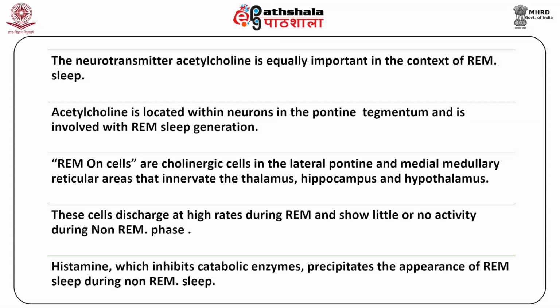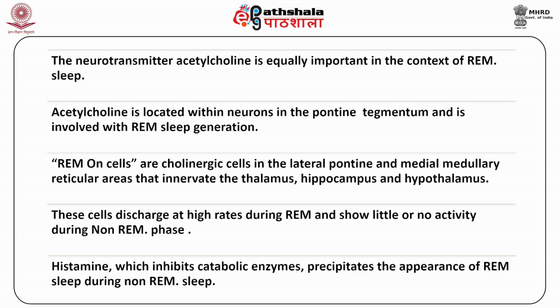REM-on cells are cholinergic cells in the lateral pontine and medial medullary reticular areas that innervate the thalamus, hippocampus and hypothalamus. These cells discharge at high rates during REM and show little or no activity during non-REM phase.